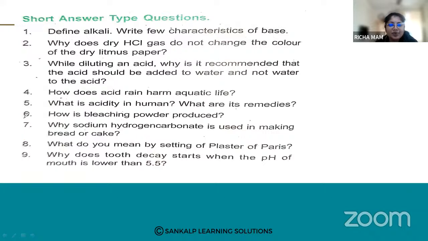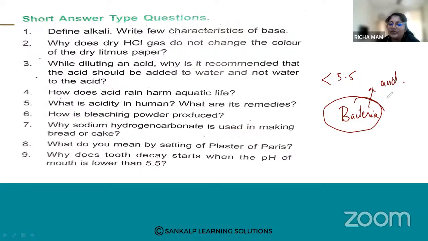If the pH in your mouth falls below 5.5, acid will be produced. Bacteria present in the mouth will produce the acid, and it will start to corrode your enamel and tooth decay will start.